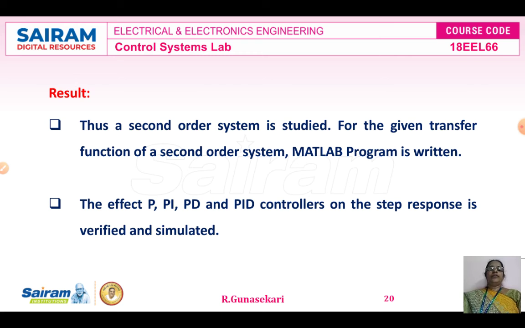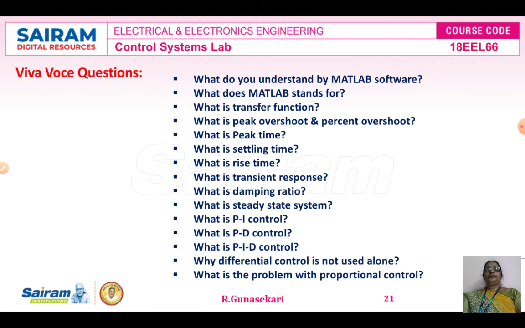Next we derive the transfer function for the given second order system. Then we write the MATLAB program for the given transfer function. Then we get the step response showing the effect of the P, PI, PD and PID controller. That output is verified and simulated by using MATLAB.